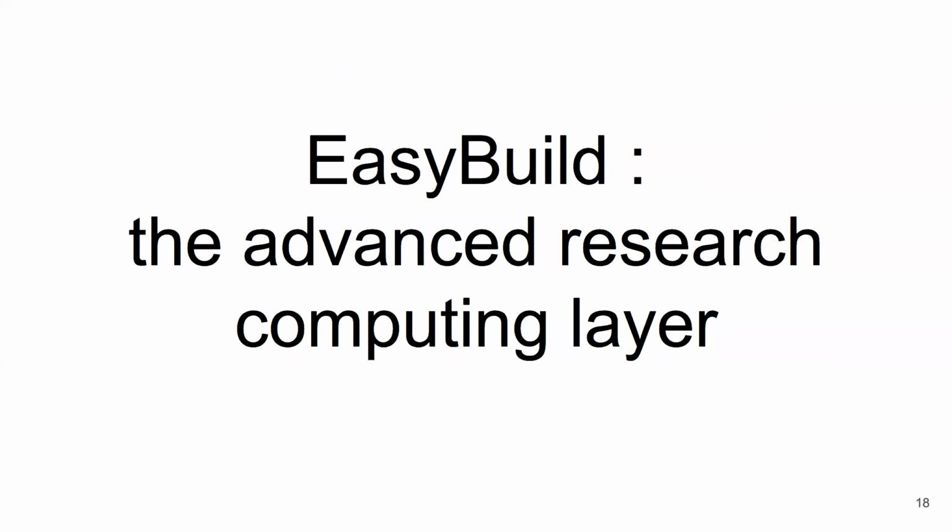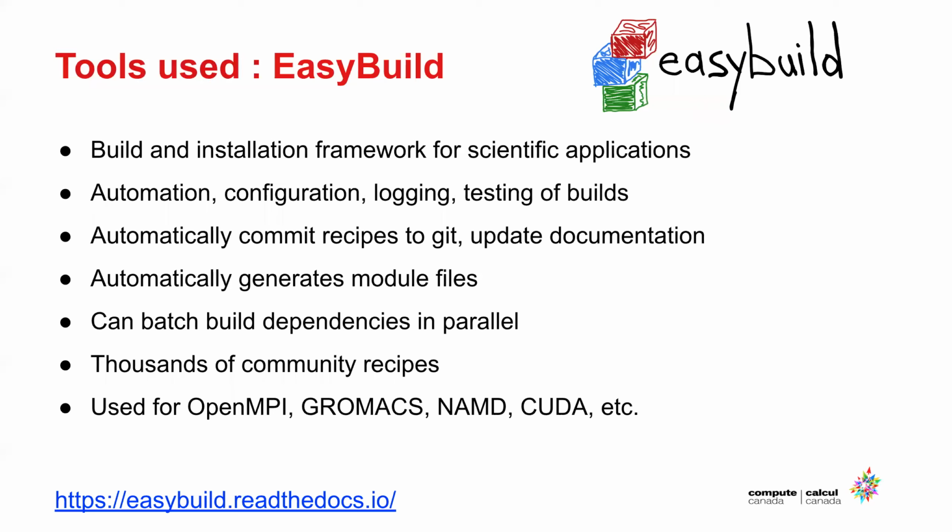EasyBuild, for the advanced research computing layer, is similar to Nix, a package manager. It provides automation, configuration, logging, and testing of the builds. Everything is tracked in Git. It generates the module files automatically, which is pretty nice. You can build in parallel either on one node or even on a cluster.